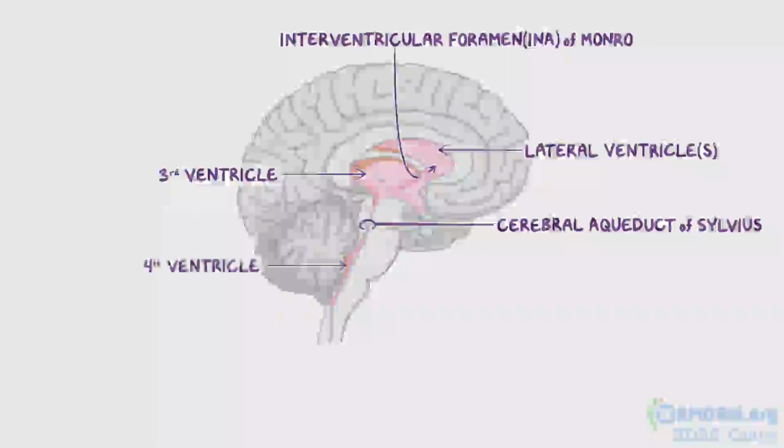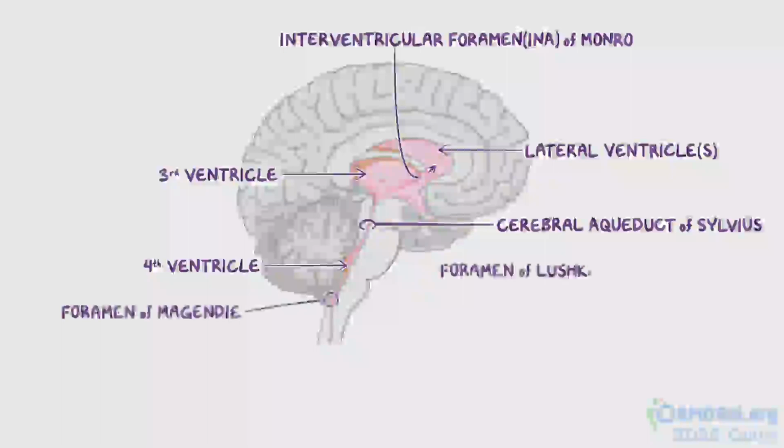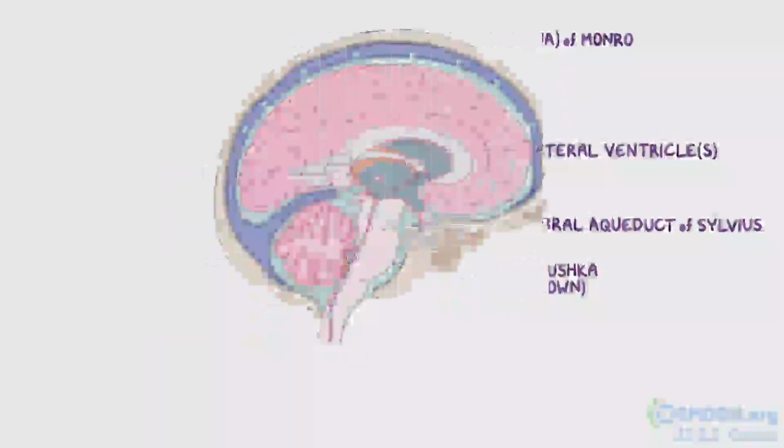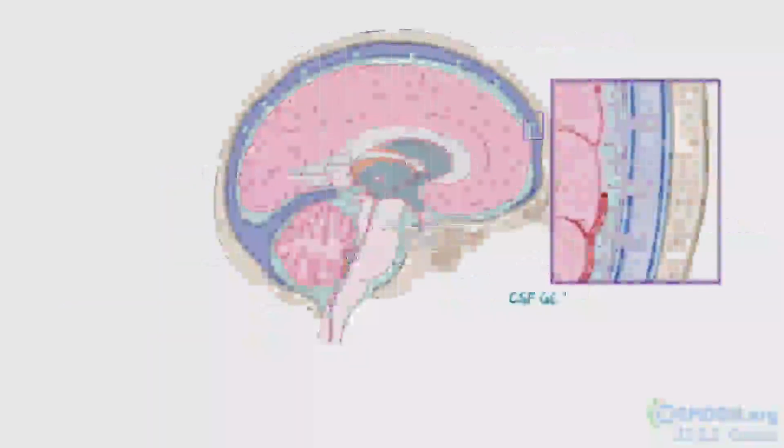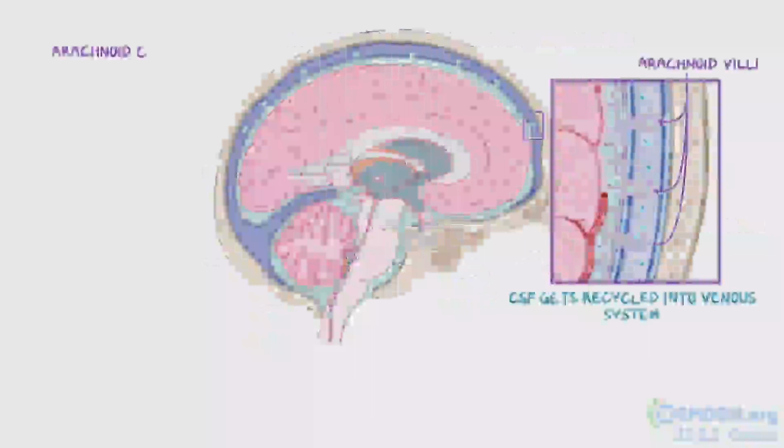The CSF then enters the central canal of the spinal cord, or the subarachnoid space, through the median foramen of Magendie and two lateral foramina of Luschka. From the subarachnoid space, the CSF gets recycled into the venous system via the arachnoid villi and granulations.